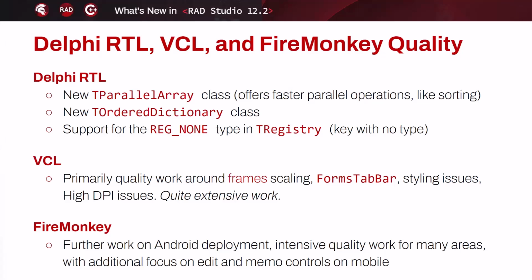For FireMonkey, we did the work on Android deployment, as mentioned earlier. Also, a lot of quality work in many areas. Main focus still TEdit and memo controls on mobile. We have refactored them for desktop and now also for mobile across the various 12.x releases. So lots of work happening on FireMonkey to improve the quality and stability of the library across all supported platforms.